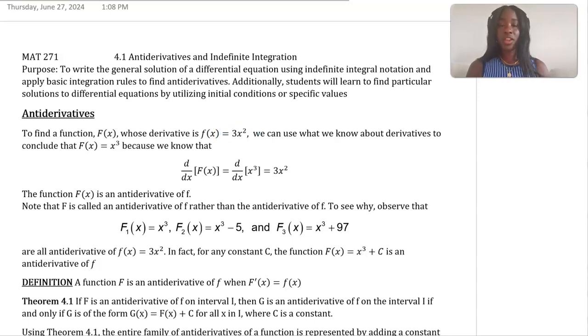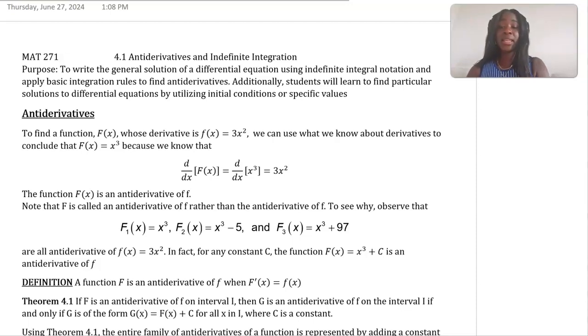Well, we can use our knowledge about derivatives and the power rule to conclude that function could be x to the third, because the derivative of x to the third is 3x squared. Drop our exponent of 3, decrease our exponent by 1, so we have 3x squared.